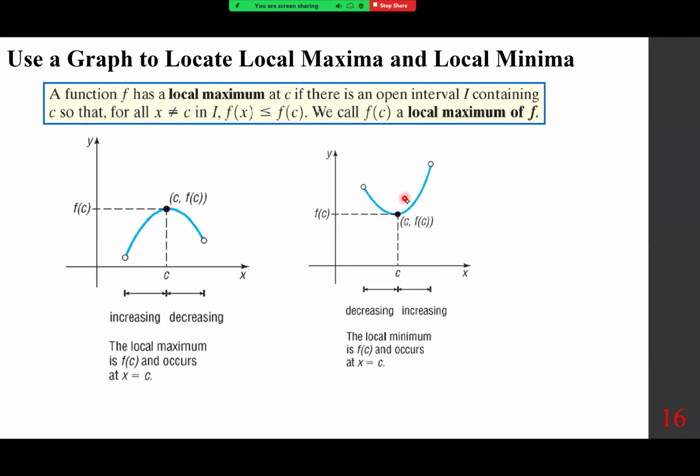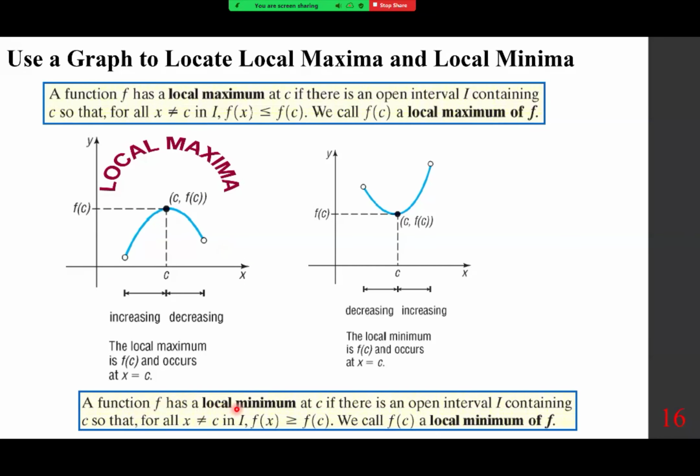So like this one is a local minimum, like this one is a local maximum. This is a local max, looking almost like an n, a portion of an n.